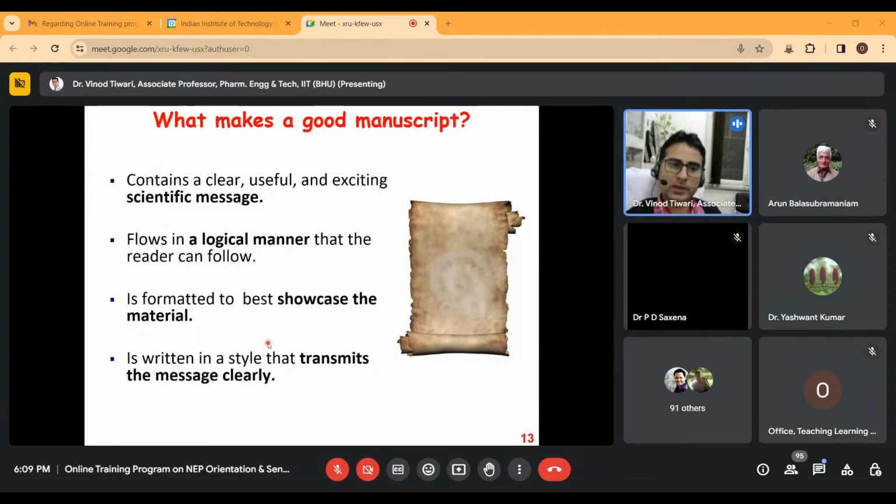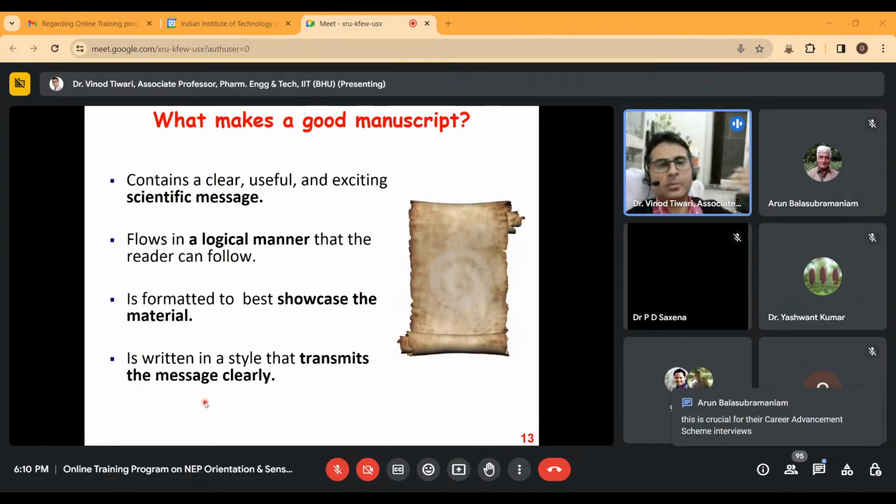You also need to make sure that it is formatted to best showcase the material. So formatting plays a very, very important role, and all the different journals have their own formatting guidelines in the Guide to Authors on their web page. Then it should be written in a style that transmits the message very clearly. As I told you, it's like a movie, it's like a story, how you're presenting it.